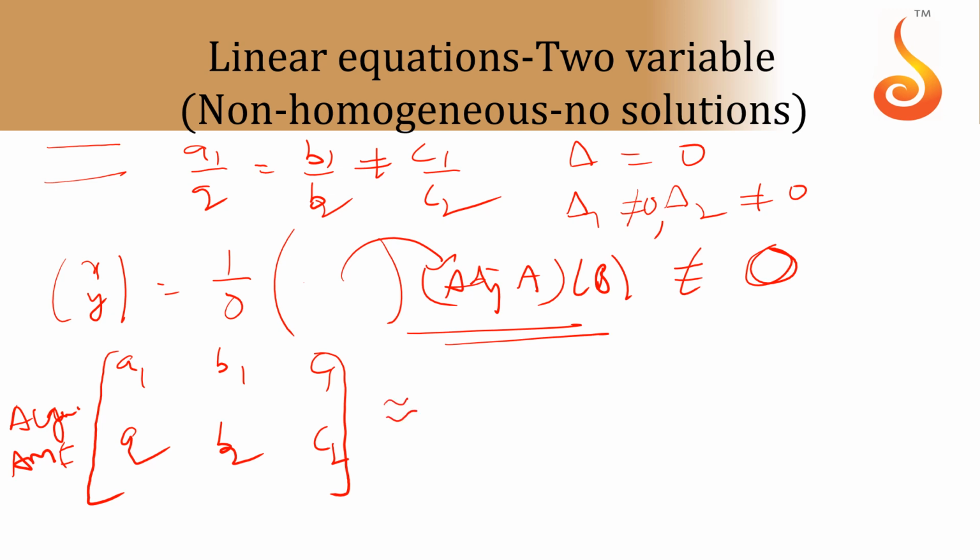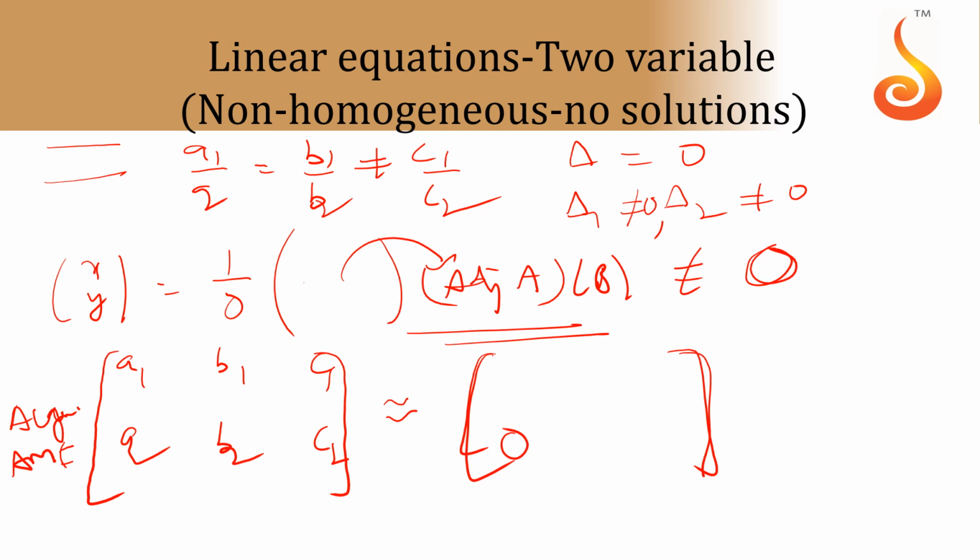By using transformations on a matrix, I told you 3 transformations you can do: interchanging the rows, multiplying some constant to a row, adding a row to k times another row. So if you convert this into echelon form, see I am using the word echelon form, then according to the echelon form, you should get a 0 here.